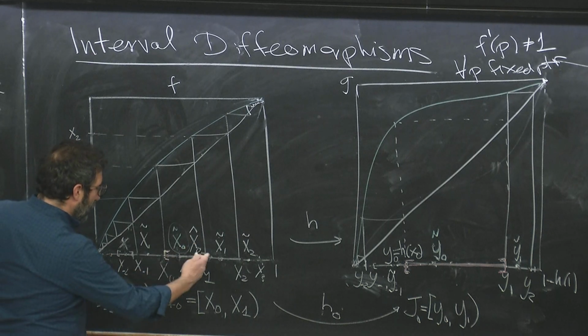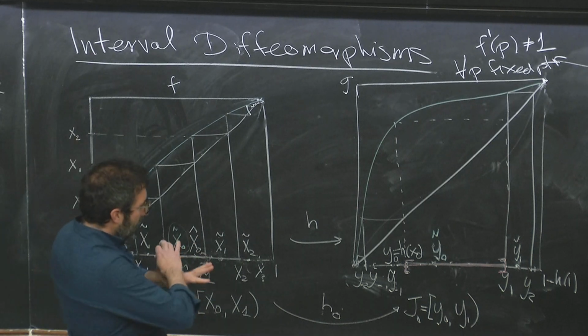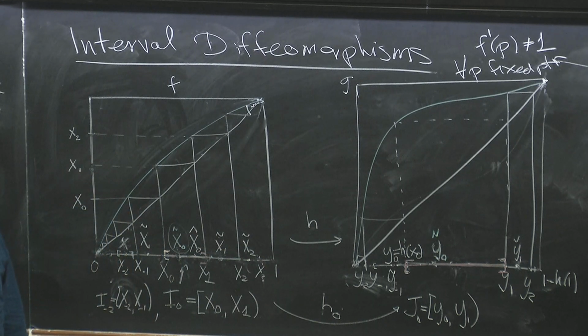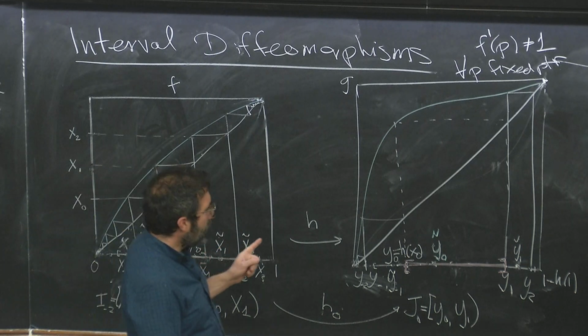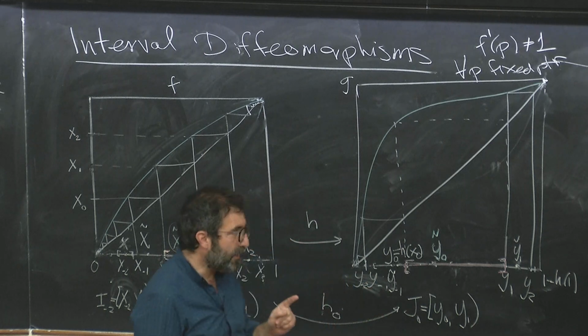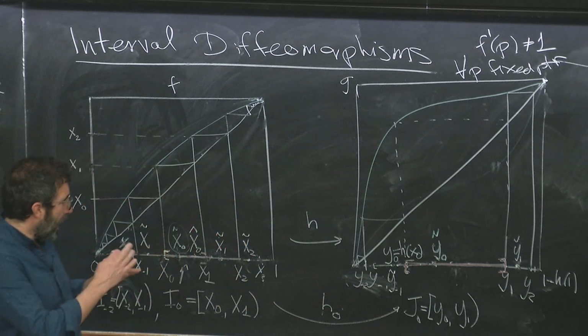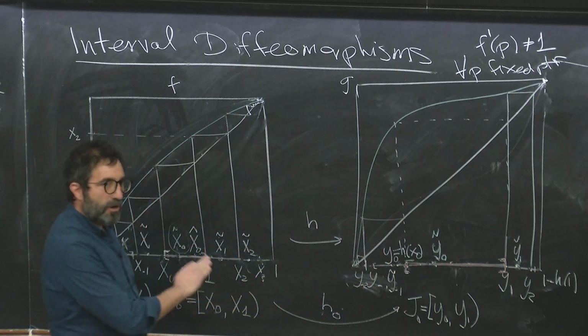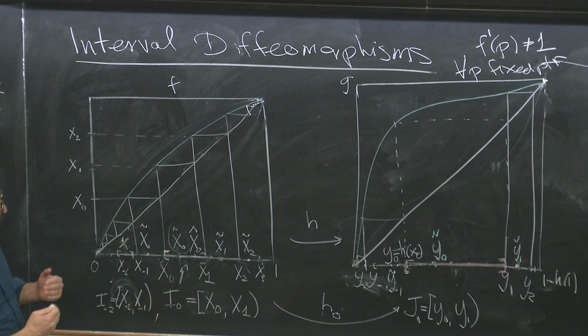And since I've done that for all the points in these intervals, then I have fixed everything. So don't worry. I know that I've not given you a fully formal proof, but in the notes that I will give you and in the exercises, I will develop exactly the formalized version of this.